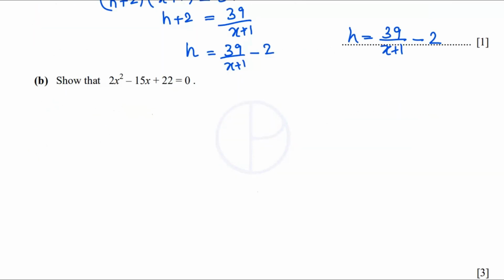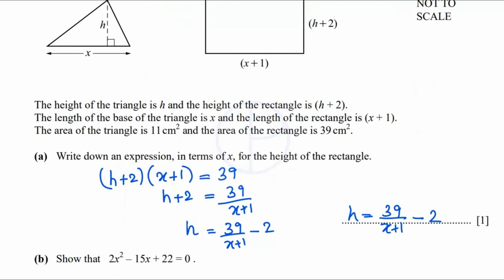The next part of the question is, show that 2x square minus 15x plus 22 equal to 0. The area of the triangle is half base times height, and the base is x and height is h. So half multiplied by x, h equal to 11.